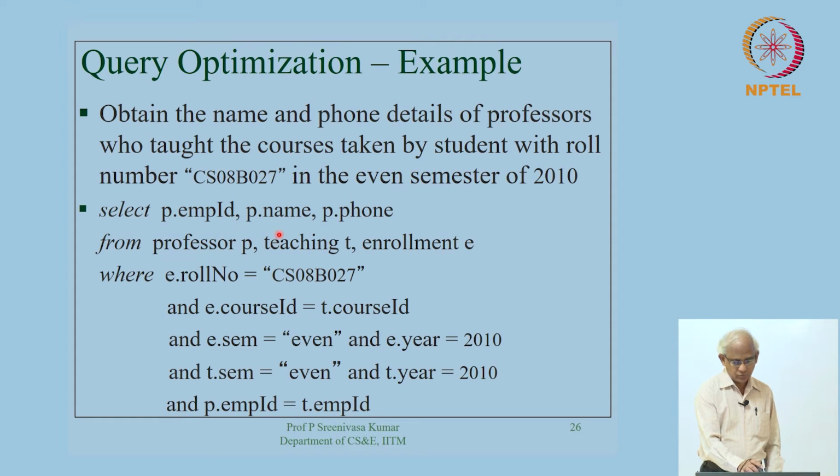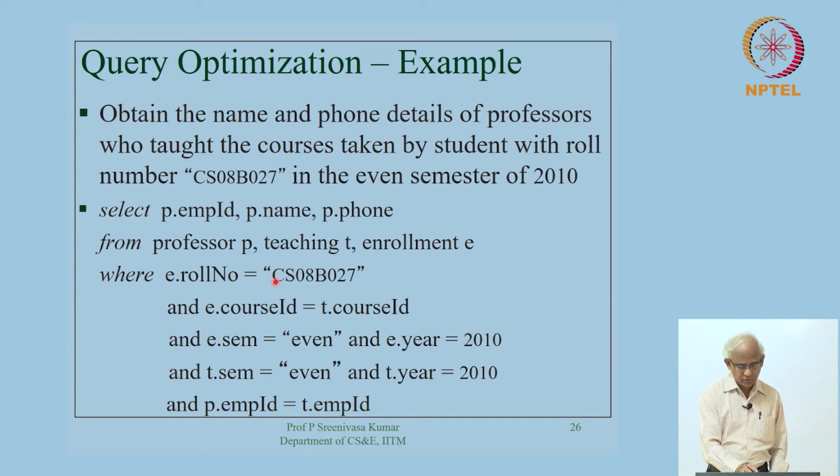So remember that we have professor details in the professor relation, who is teaching what in the teaching relation, and who is enrolled for what course in the enrollment relation. And so we have various conditions now.